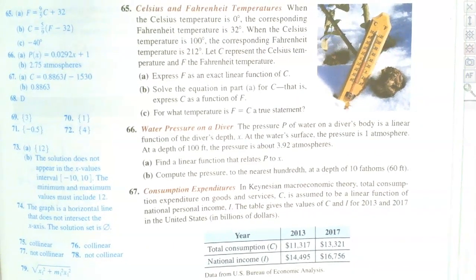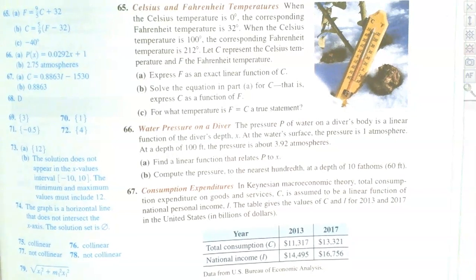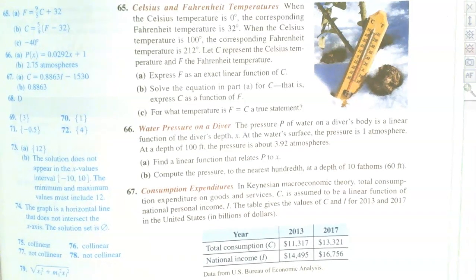So this is water pressure on a diver. And we know that as you go down further in depth, the pressure on the diver increases. Right? So that's why submarines can't go as deep as some others, because they're not built the same. They have to be able to withstand that pressure. So as the diver goes further down, then the pressure increases.